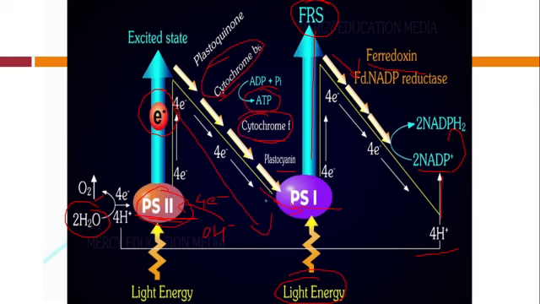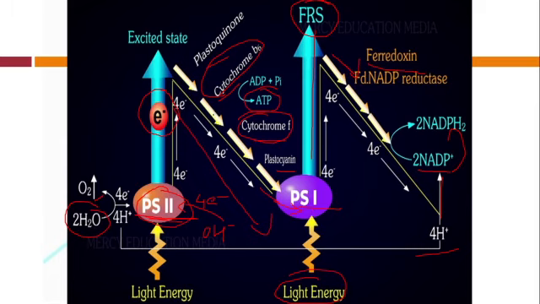This is non-cyclic photophosphorylation, which occurs in 4 stages. What are the stages? The first stage is the photo excitation of photosystem second. The second point is the photo excitation of pigment system first.